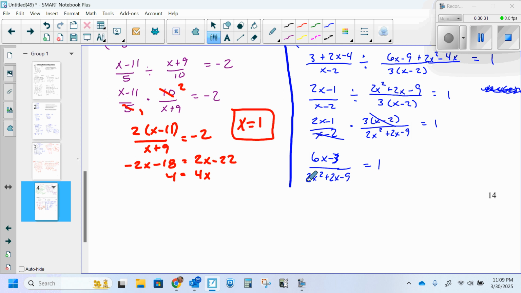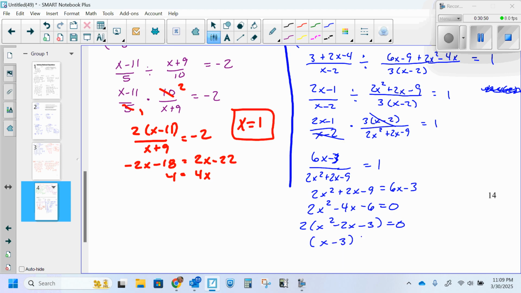Cross multiply. Get everything set equal to 0. Factor out a 2. Get negative 1 and 3, and those are not extraneous solutions. And those are the solutions.